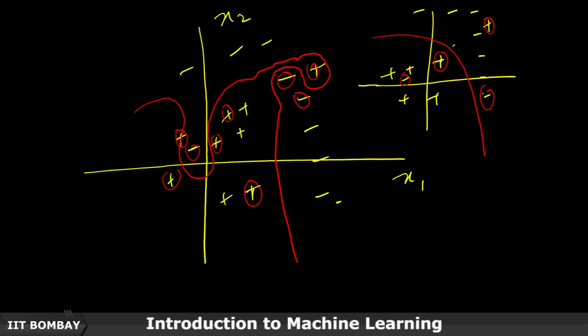Now in many of these kernels there is a second hyperparameter. So C is one hyperparameter. So which are the hyperparameters?